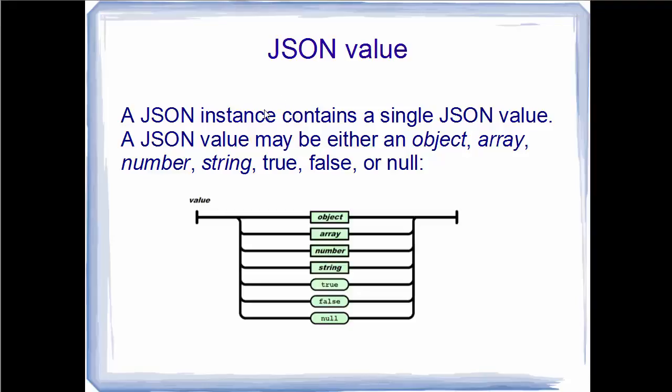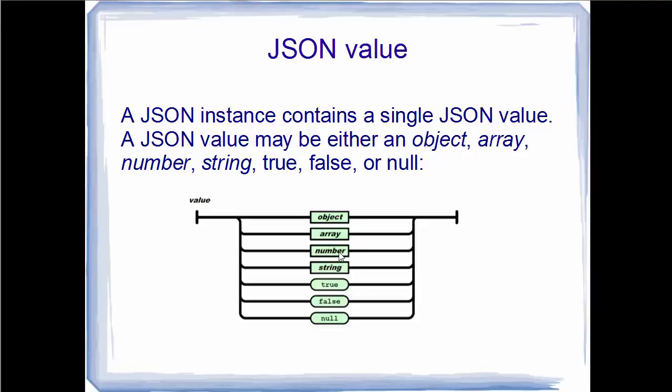The key, which I already explained, for example city was the key, is always in string format. And the JSON value can be an object, an array, a number.